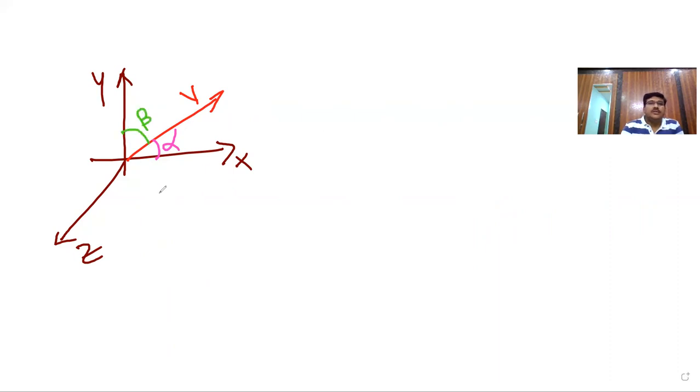This is gamma. V is making gamma angle with the z-axis. Clear? Now, let Vx be the component of v along the x-axis: v cos alpha.